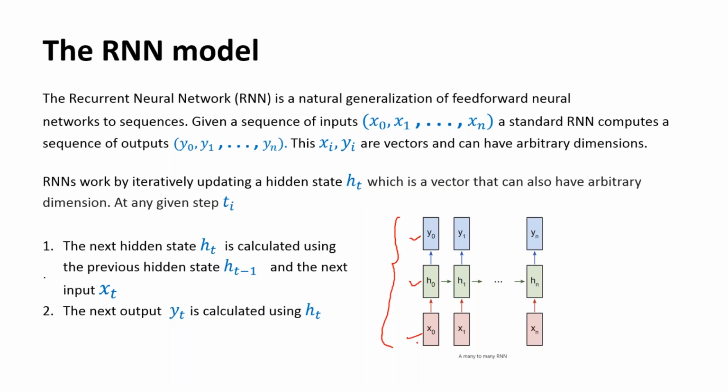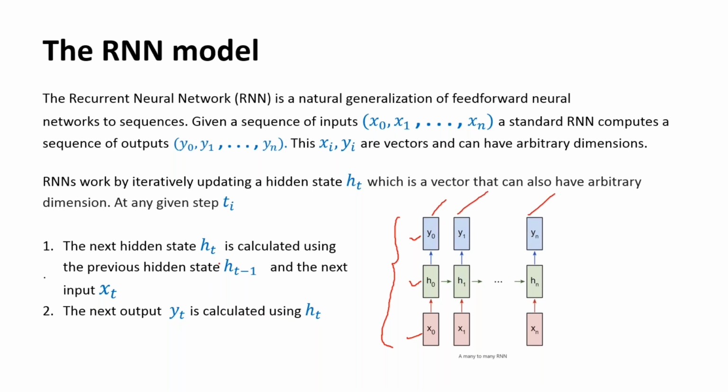Another thing is the sequence of input, x0, x1, x2, up to xn, will be going as an input to my ht, that's my hidden state or the layer, right? We pass in these input values and we get a predicted value y0, y1 and yn, so the predictions are based on what we pass in as an input.